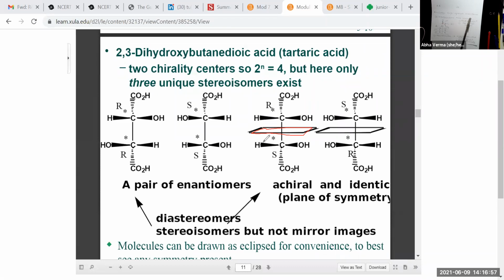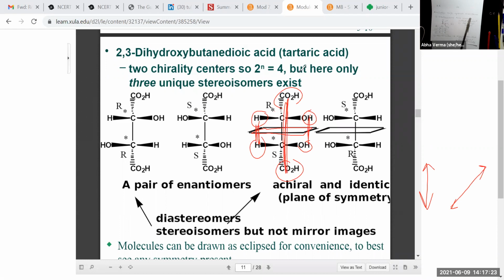So this is R and this is S. When you place this molecule in plane polarized light, half of the R will rotate the light to, let's say, one direction. But the S, because they are exactly the same groups, you are mirroring these groups.